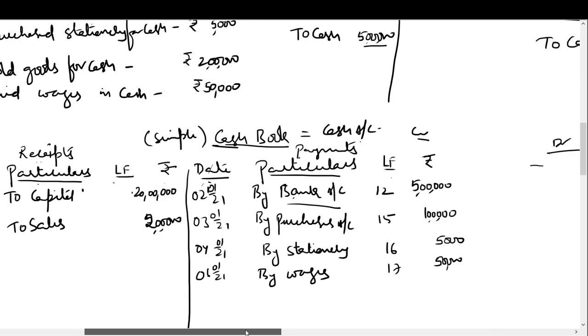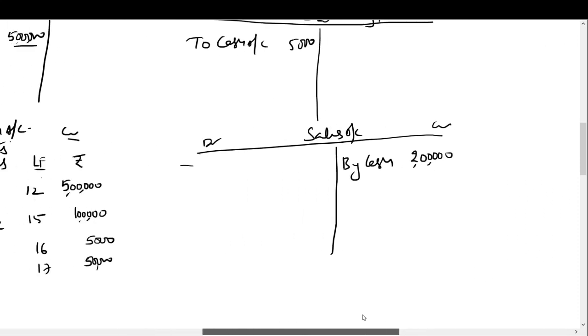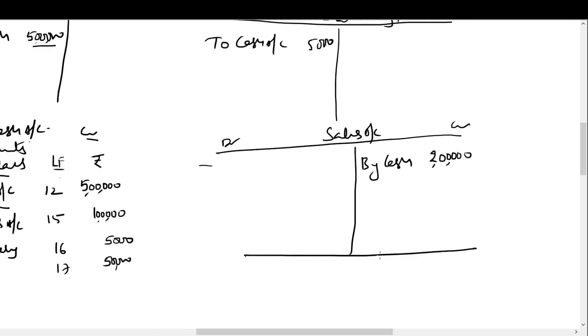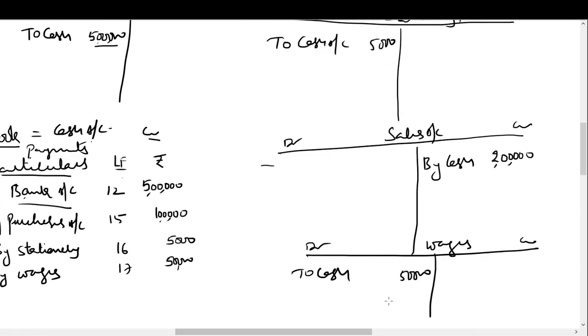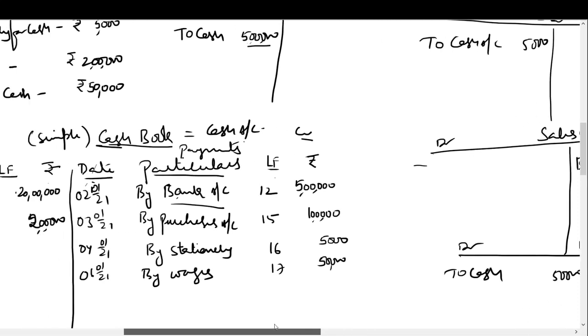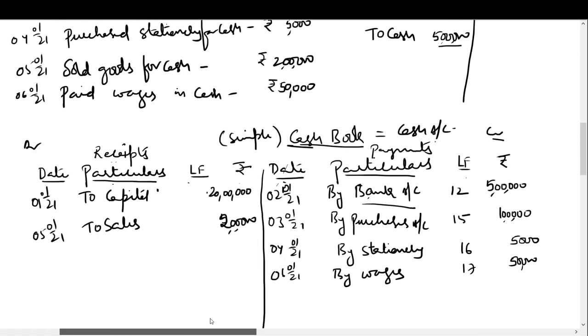I should go to wages account and write on the debit side to cash, rupees 50,000. So this is how I record the cash transactions in the simple cash book.